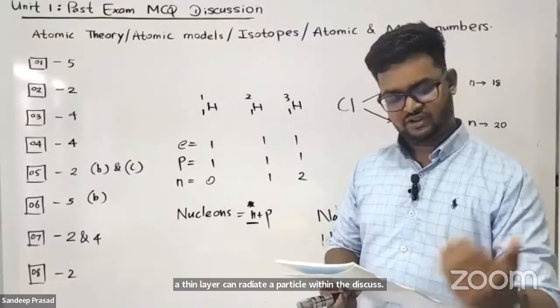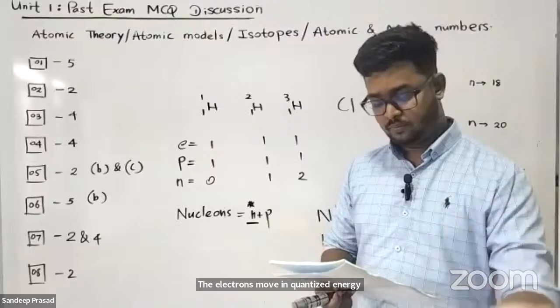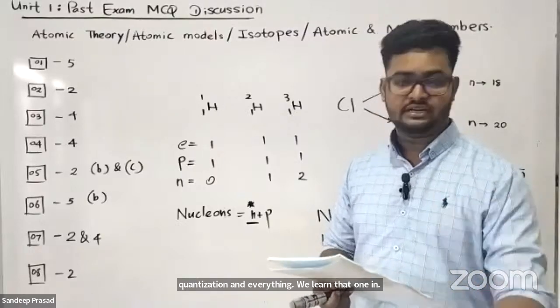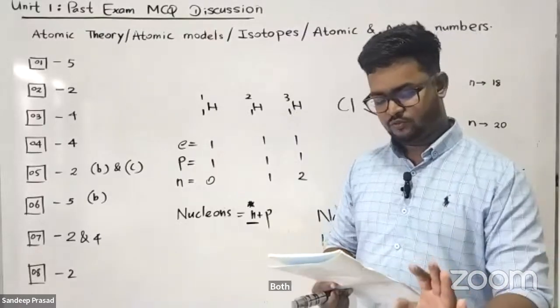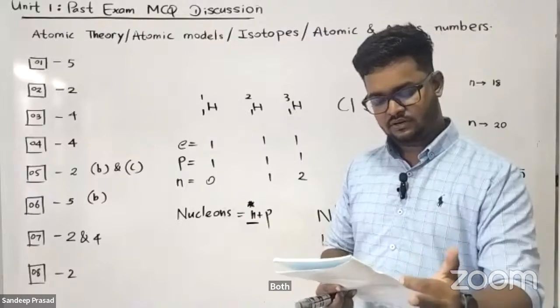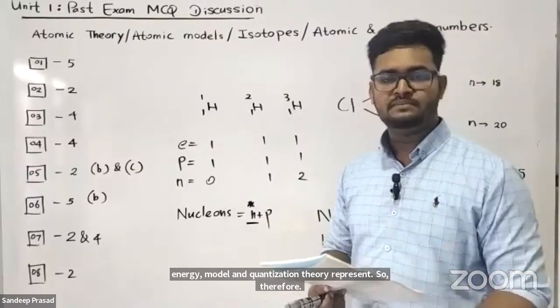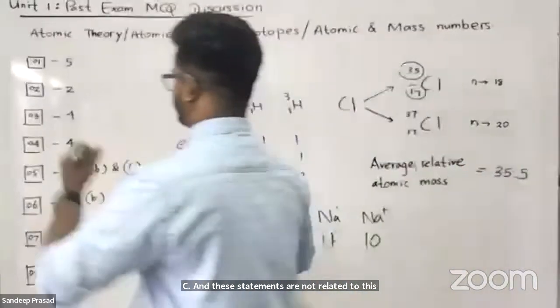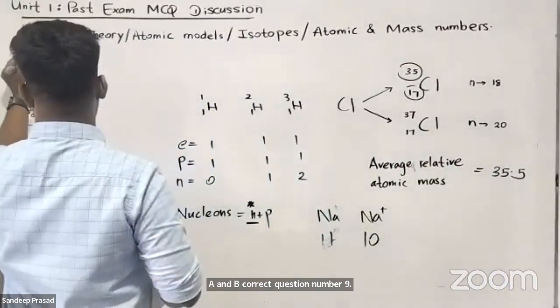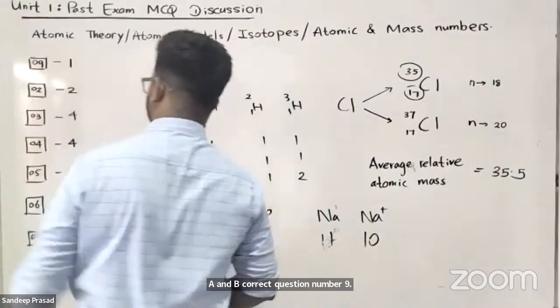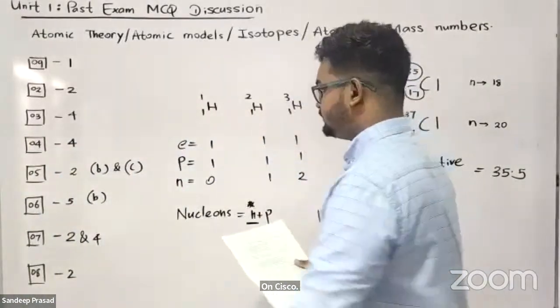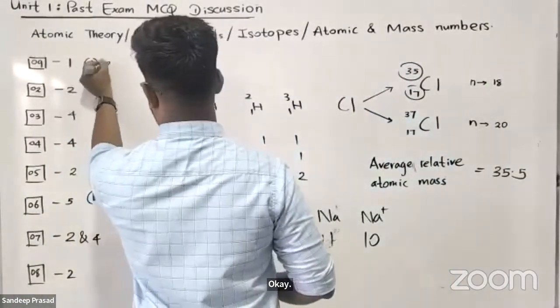No, quantization we learned in Bohr's energy model and quantization theory represented by Max Planck. So C and D statements are not related to this one, but A and B are correct. Question number 9, answer is the first one, because A and B statements are correct.